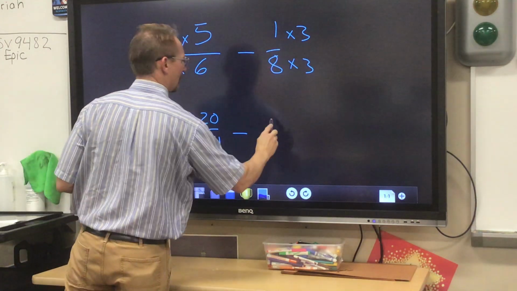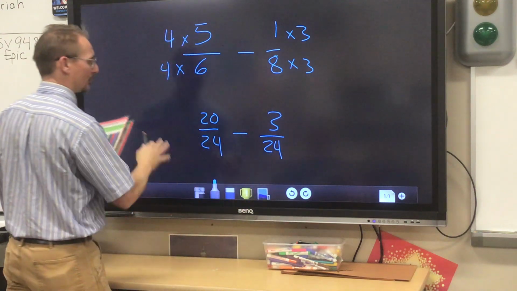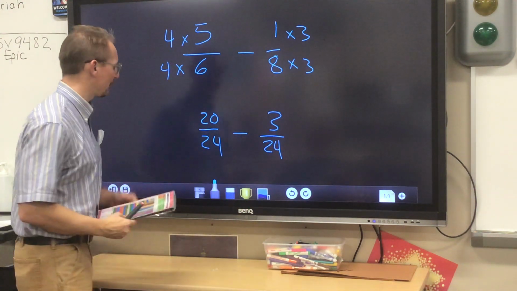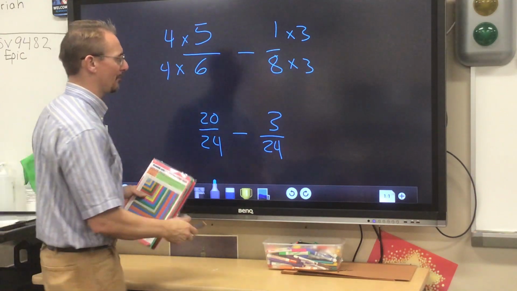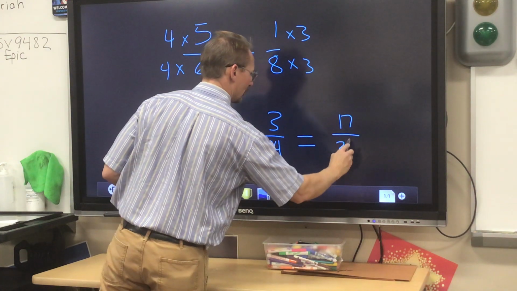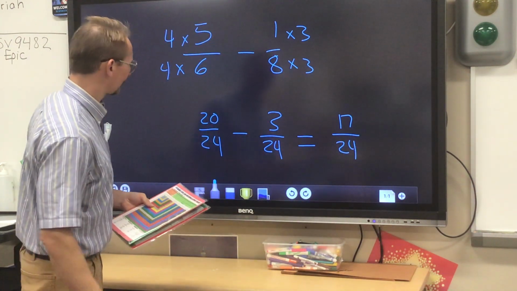Over here, 3 times 1 is 3. So now I've got 20/24 minus 3/24. If I have 20 parts and I lose 3 of them, I now have 17 parts out of 24. That's just subtraction. I just subtracted 3 from 20.